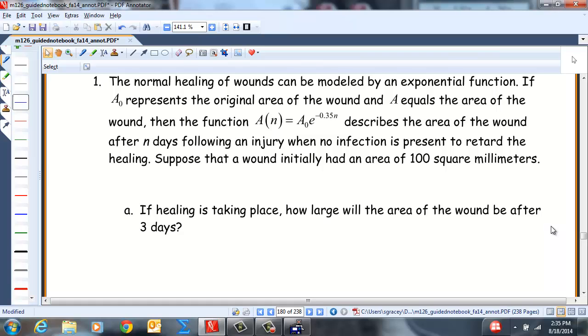So here we go. If the wound initially has an area of 100 square millimeters, so remember A0 is the original area. So in this case, A0 is 100, and then n is 3.